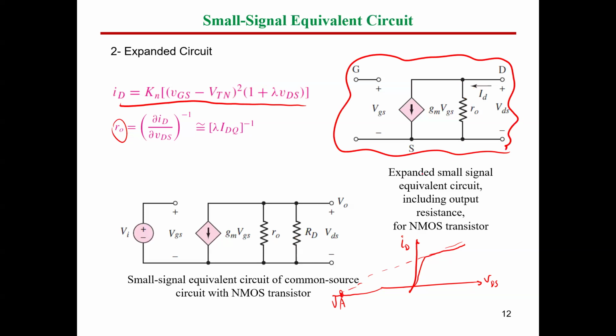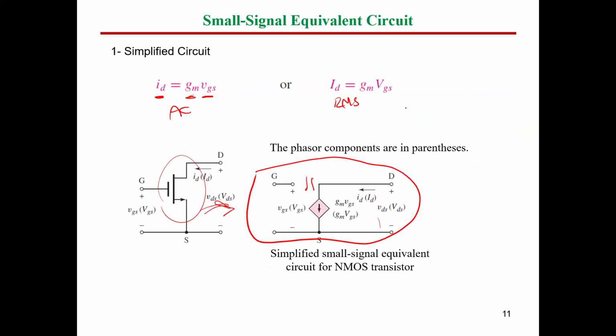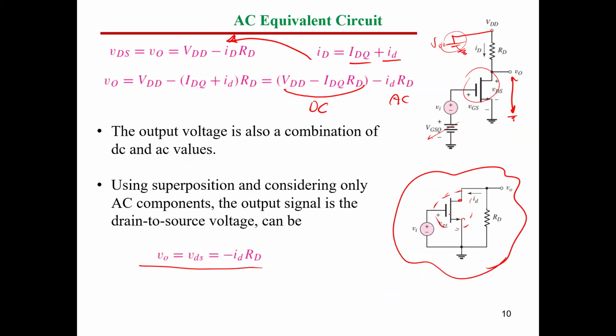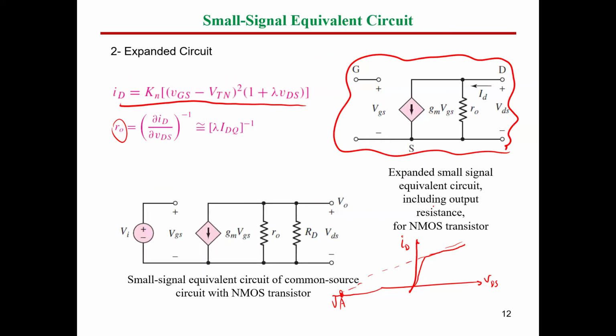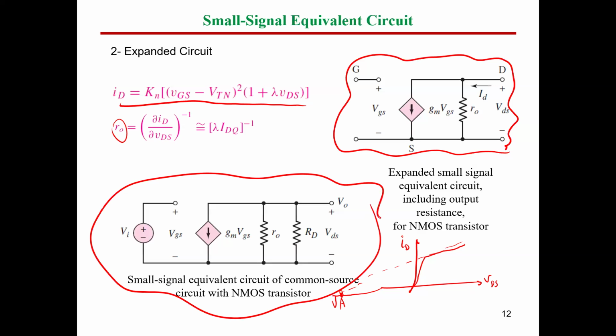This is called the expanded small signal equivalent circuit, including the output resistance for the N-channel MOSFET transistor. Now, let's add this expanded small signal circuit instead of the MOSFET itself. So this is going to be now the complete small signal equivalent circuit.